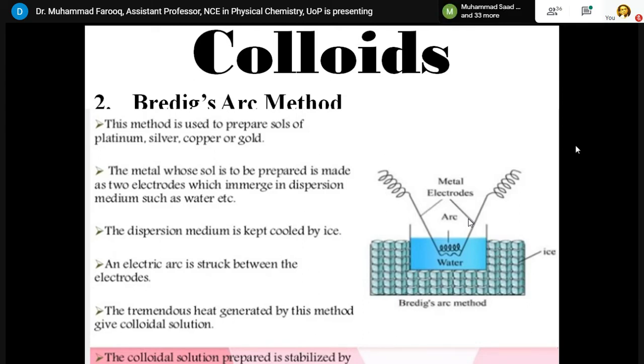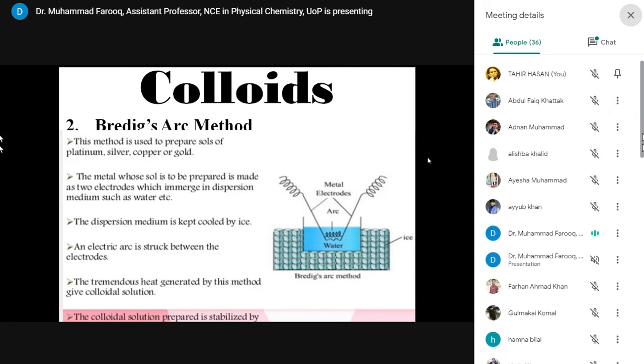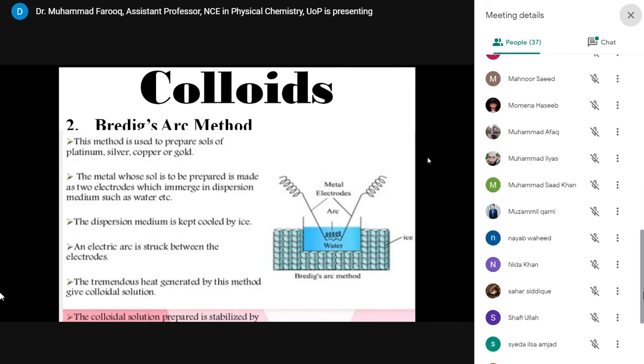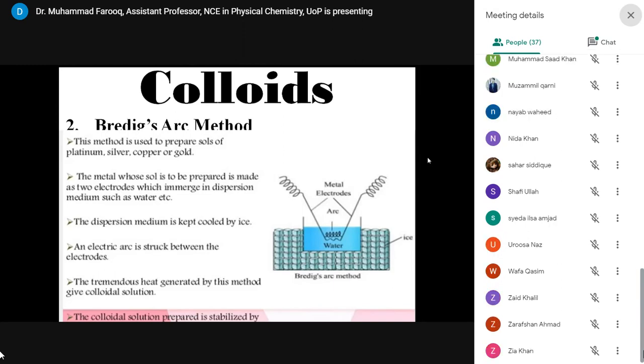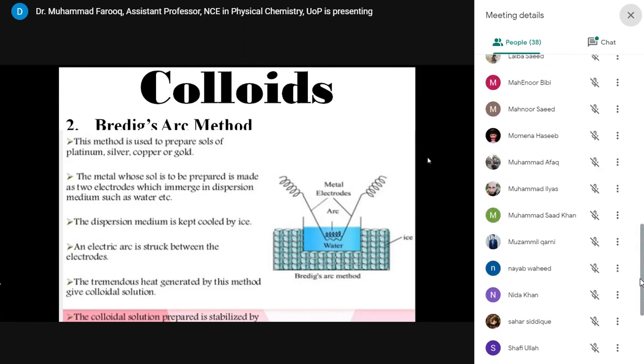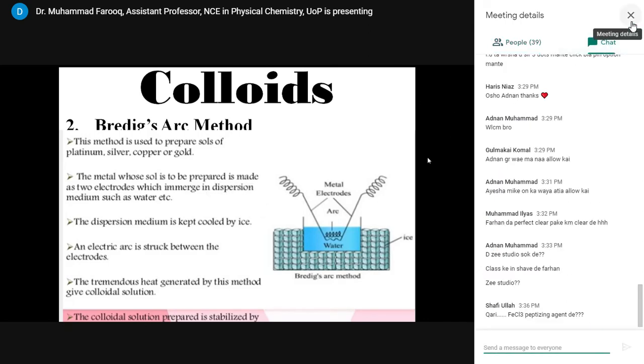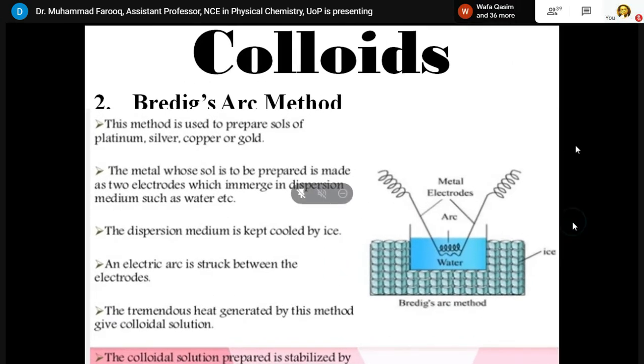Now an electric arc is struck between the electrodes. Now the electric arc is passed through it. So the metal from the electrode will dissolve. The tremendous heat generated by the arc will give a colloidal solution.